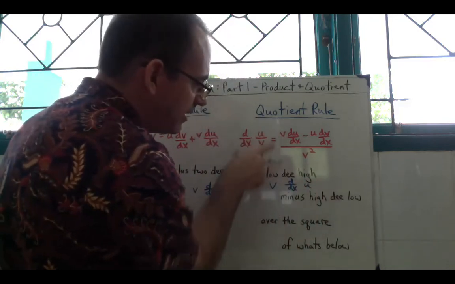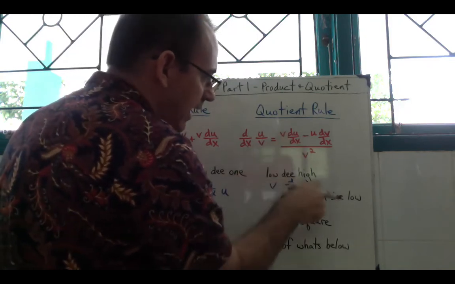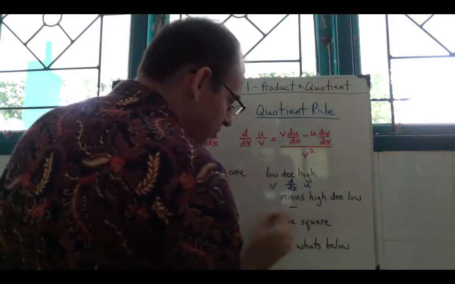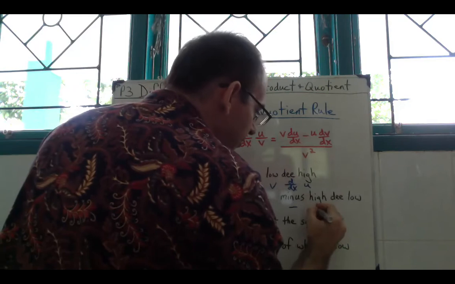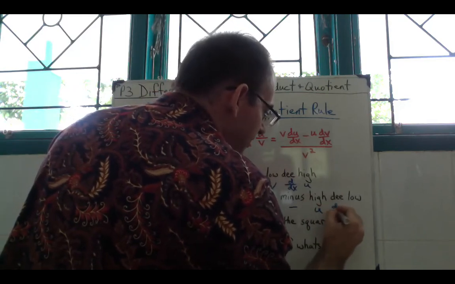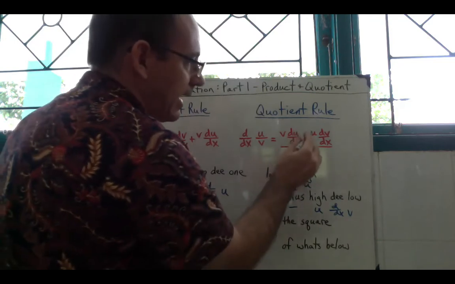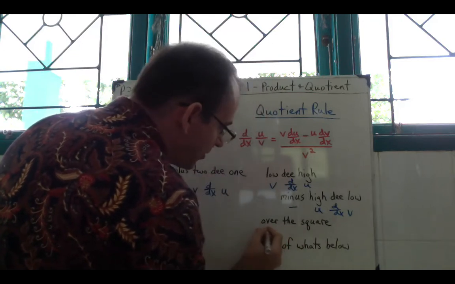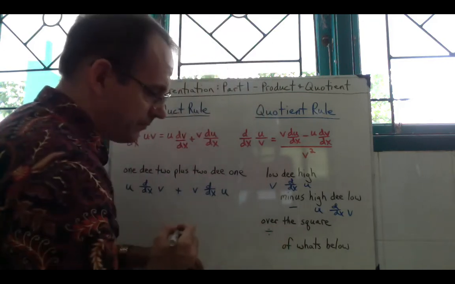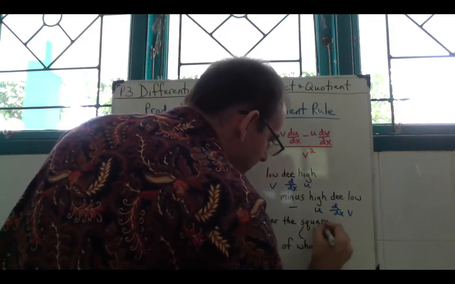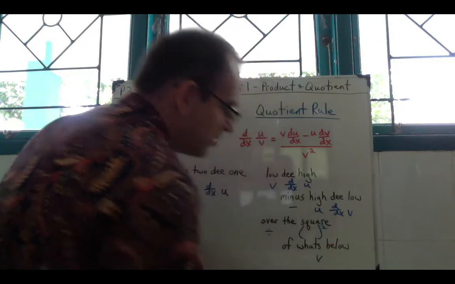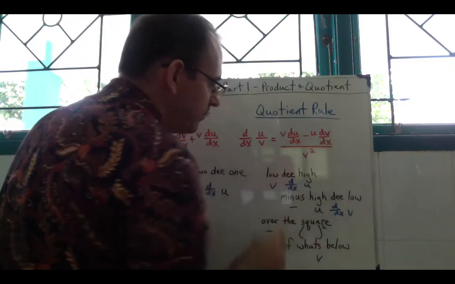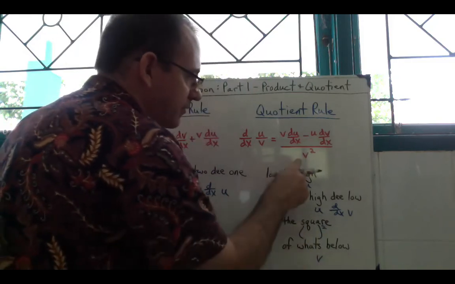So here we have v, our low, d high, times the derivative of the upper term, minus, so subtract the higher term times the derivative of the lower term, high d low, over the square. So over means this is your divide, the square of what's below, or in other words, v squared.